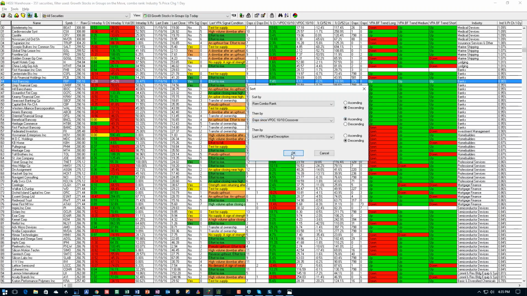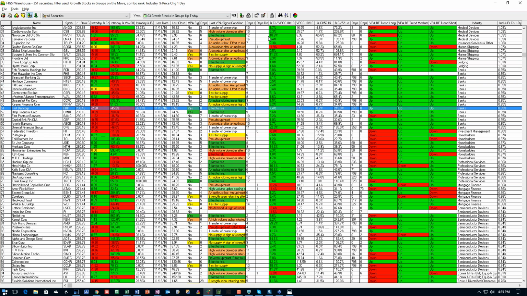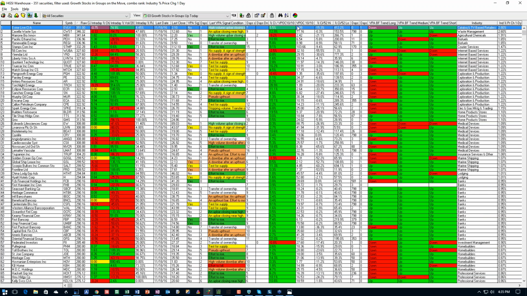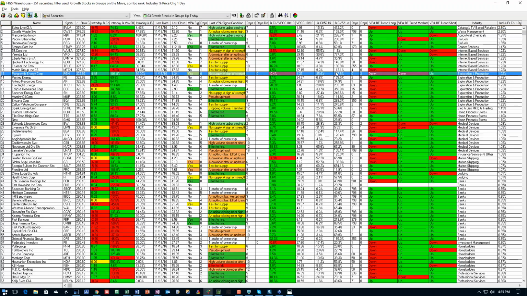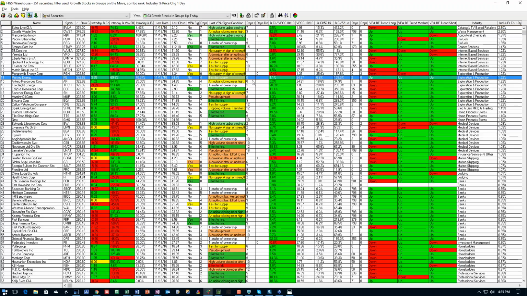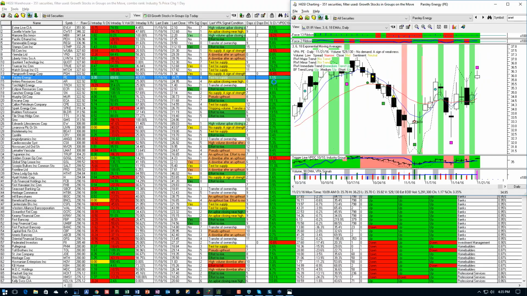You want the smaller numbers at the top, and then you can see that exploration and production, this one is not signal, but these two have zeros beside them, so that tells me that these two had a positive crossover on the VPOC yesterday. And if we look at the chart, that is confirmed because this would have been it yesterday.